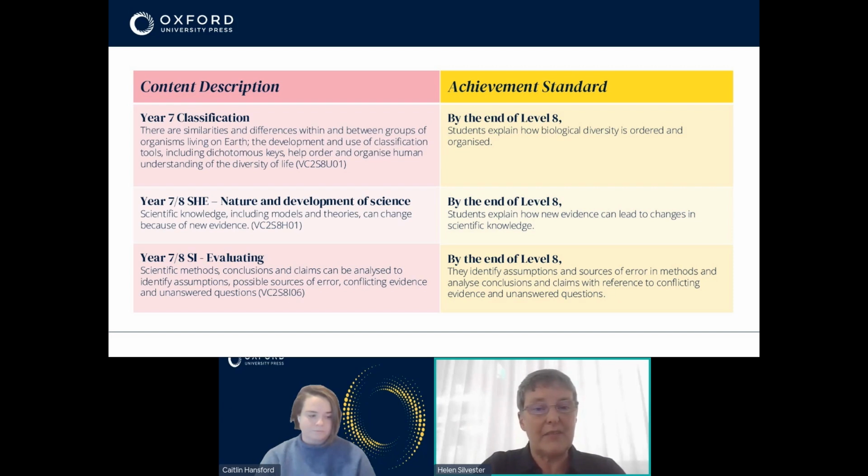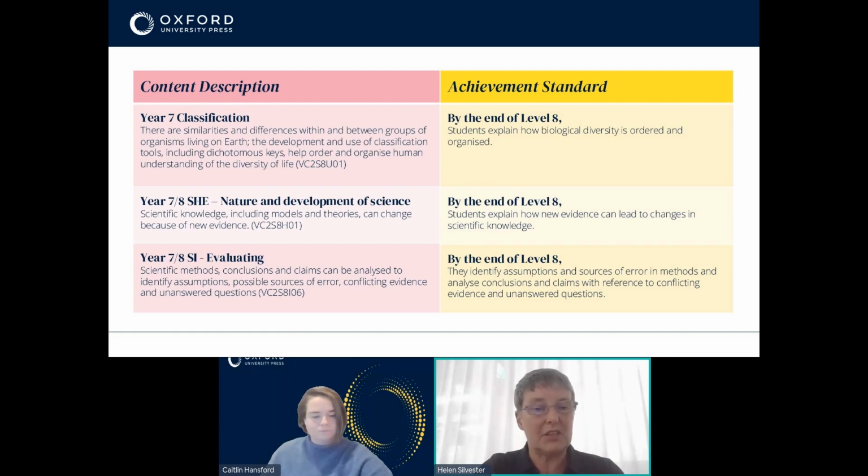Looking at the achievement standard, by the end of Year 8, students need to explain how biological diversity is ordered and organised. So students not only need to be able to describe examples, but they need to be able to explain how that diversity is organised by scientists.